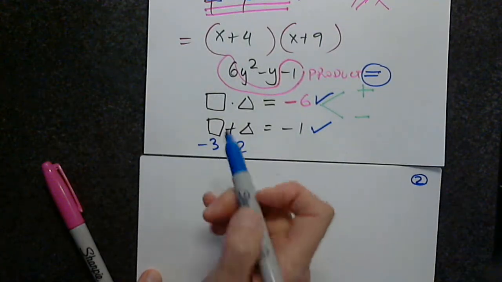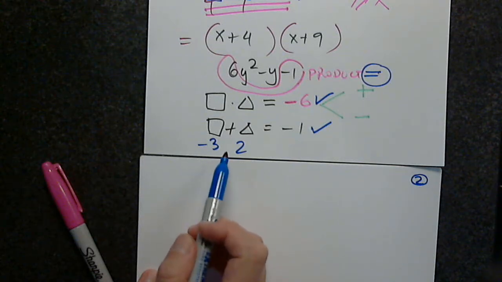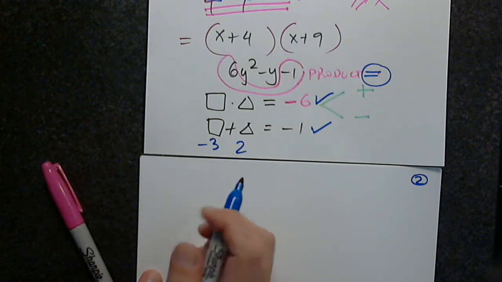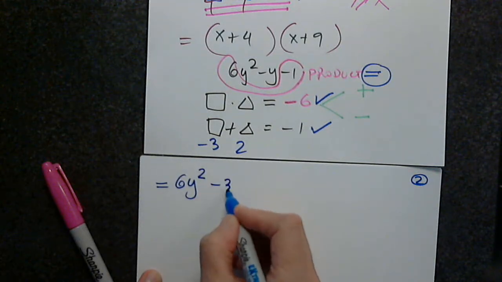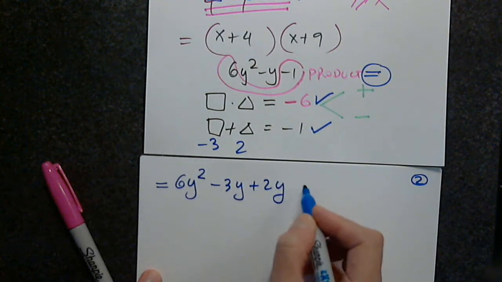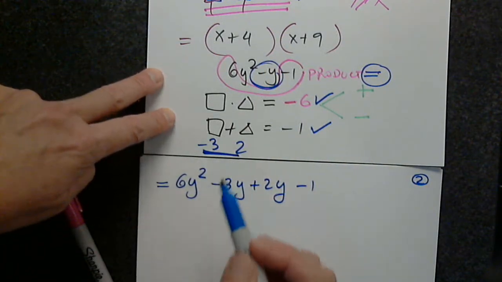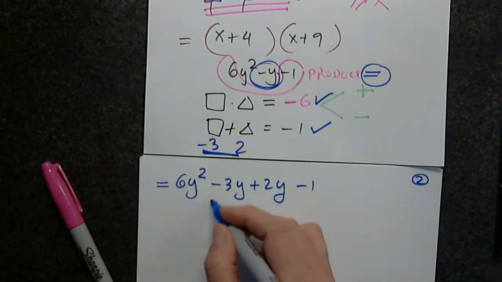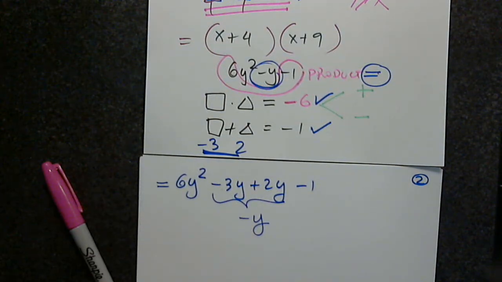Be very careful: 1 is not the leading coefficient, so you cannot use these numbers to factor like we did before. What we do is rewrite the problem. I replaced this term using the numbers you just gave me. This does not change; it's still negative y. Do not go back and combine them, because you're going backwards if you do that.